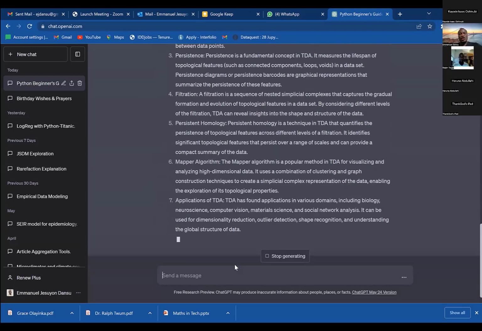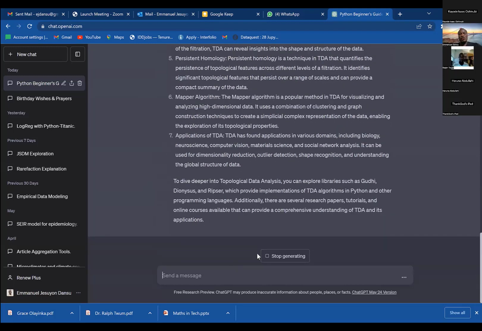In fact, if you already know some Python, you can even ask, implement topological data analysis with Python.